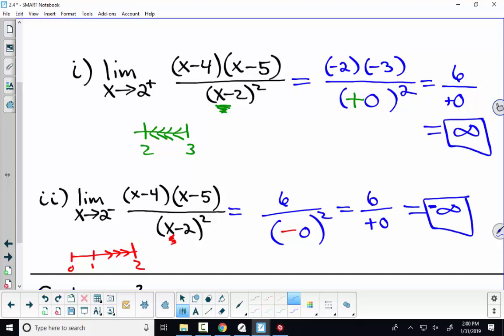That doesn't negate the fact that you still have an asymptote at x equals 2. What that means is, instead of approaching this asymptote like this, in the sense of alternating those signs, as I approach, it goes to infinity here, and the other one approaches infinity there. Any other questions?